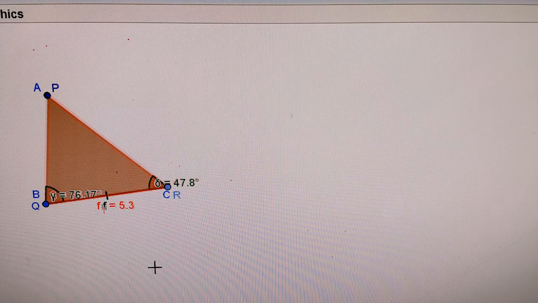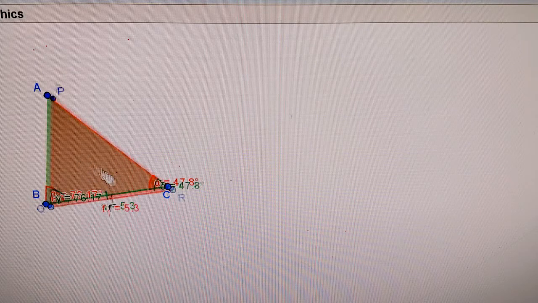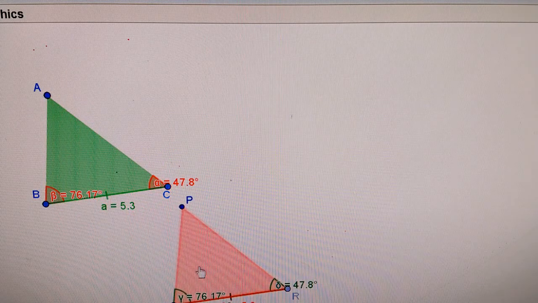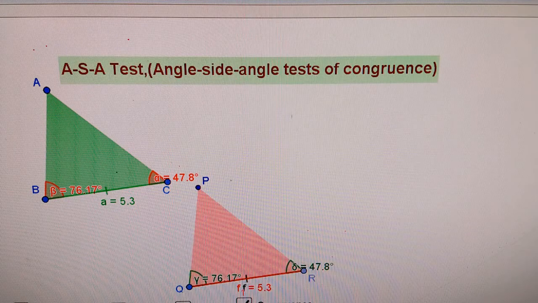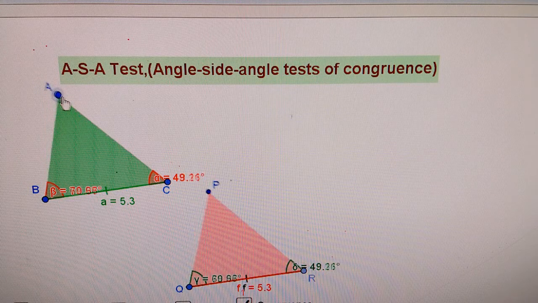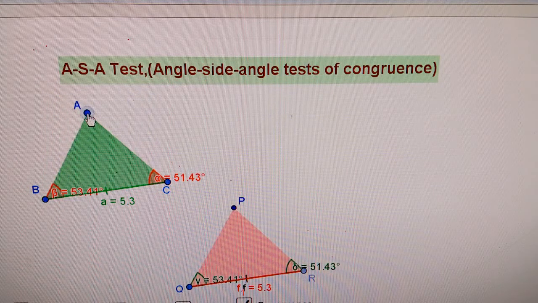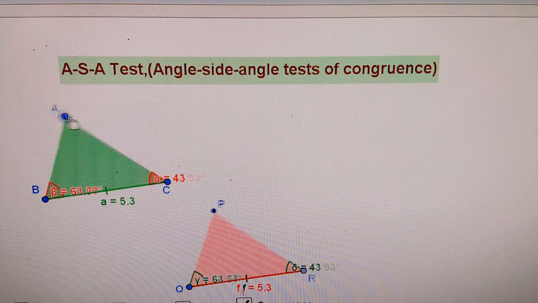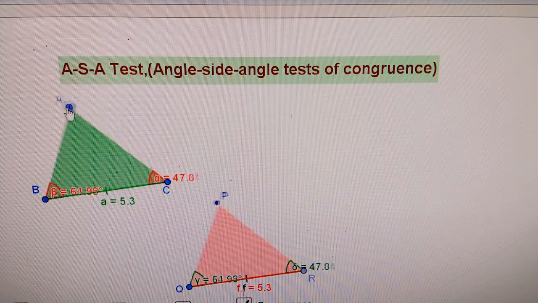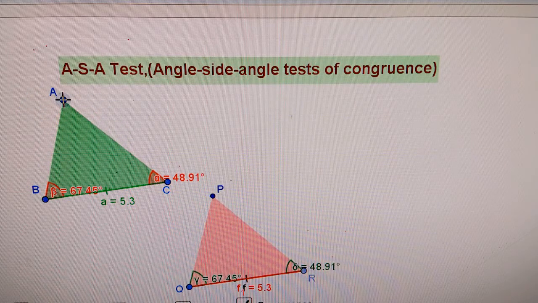See, both triangles coincide with each other, and hence we can say that using this information, two angles and a side included between them are congruent by the angle side angle test. Well student, watch here. Suppose we change the dimensions of triangle ABC, the dimensions of the next triangle also change, and hence we can say that these two triangles are congruent.